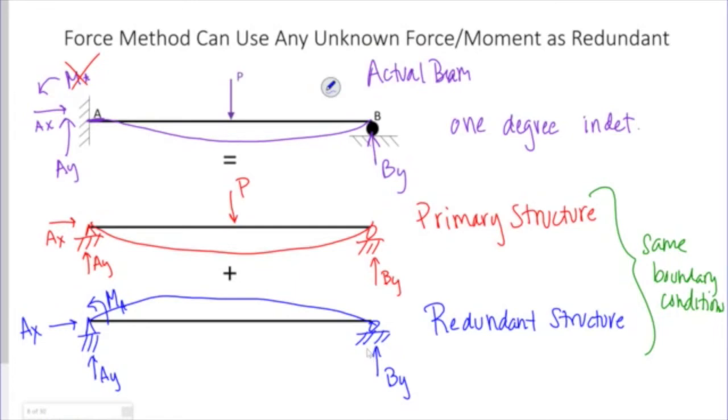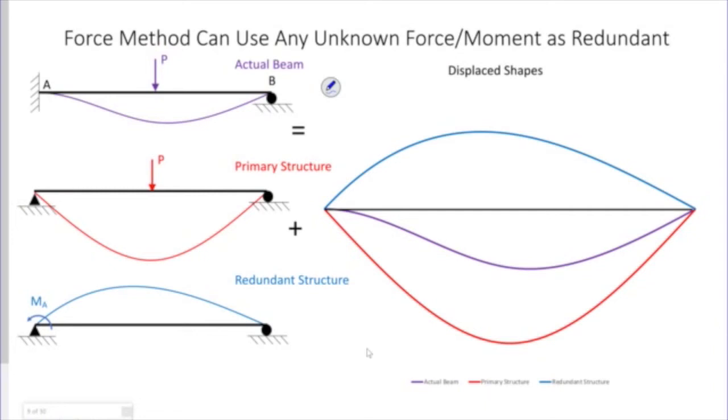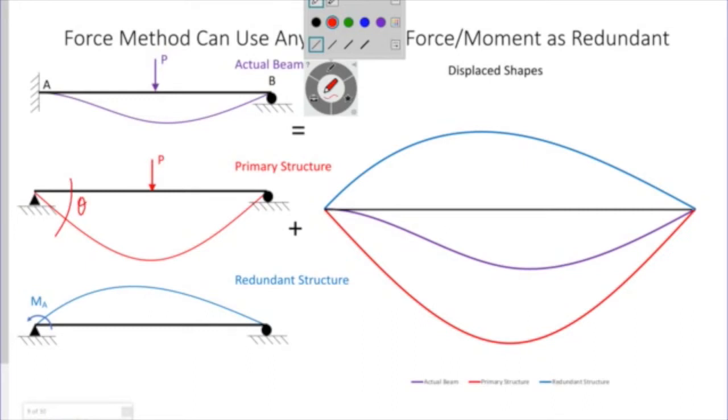So again, I'm going to look at the displaced shapes. Here's my primary structure and my redundant structure. My primary structure is going to have some type of rotation at A. And my redundant structure is going to have a similar rotation at A due to a moment at A, right?